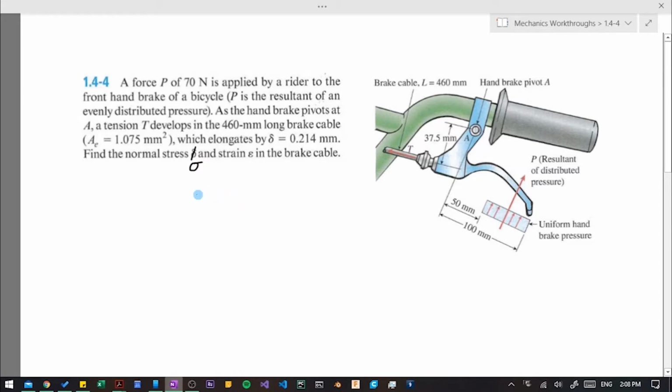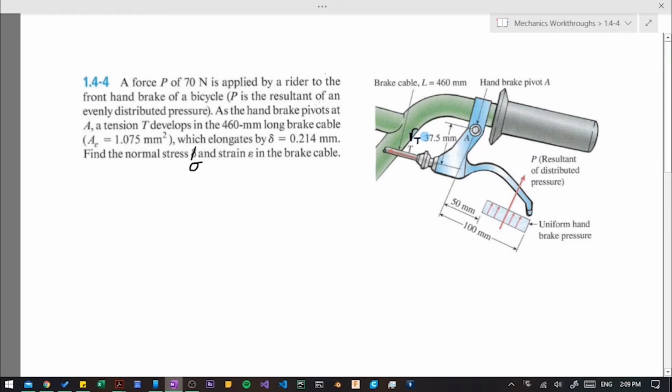And now let's talk about our givens and finds. First of all, we are given the force P as well as the length of the cable and the cross-sectional area of the cable. And delta is the change in length of the cable. We're also given the distance of each of the forces from the pivot point A, and these are the perpendicular distances, which are very useful for finding the moments about the point.